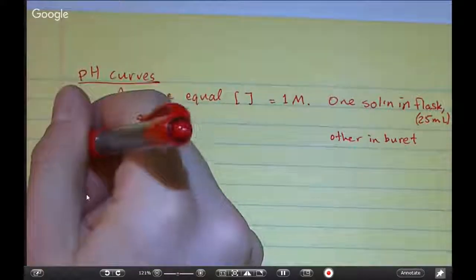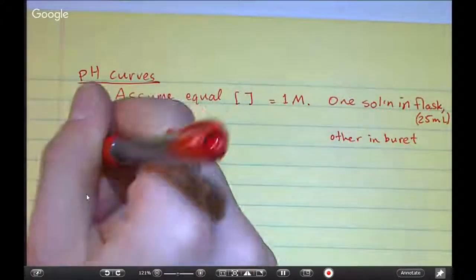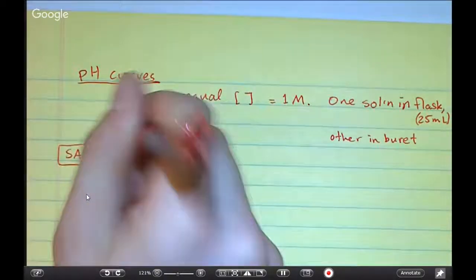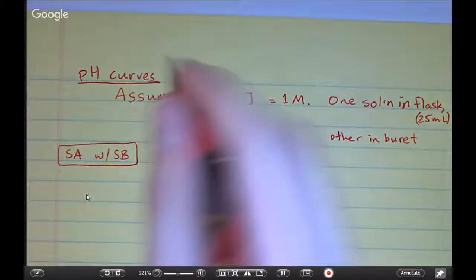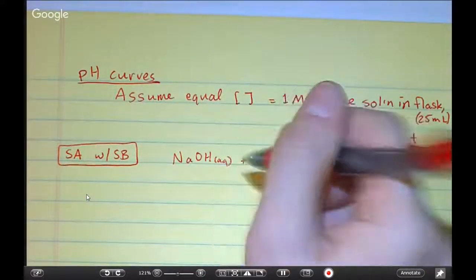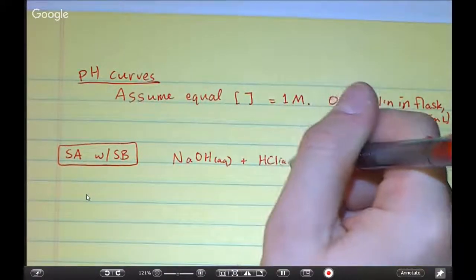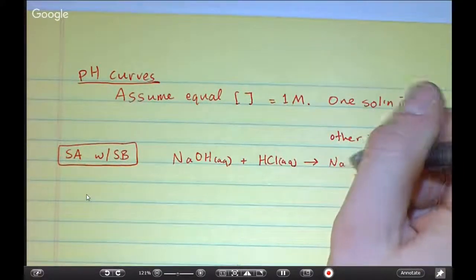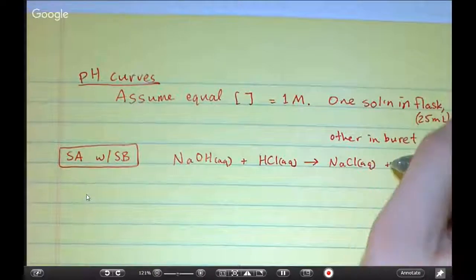So let's say that we have a strong acid with a strong base. Okay, so we have sodium hydroxide, hydrochloric acid, making sodium chloride and water.